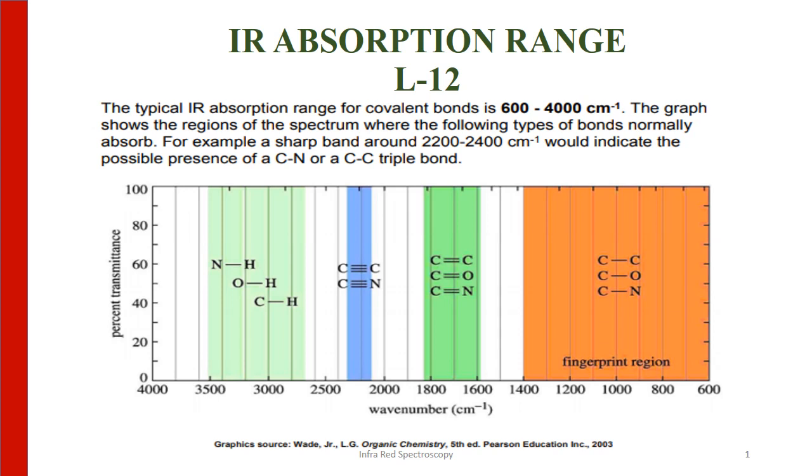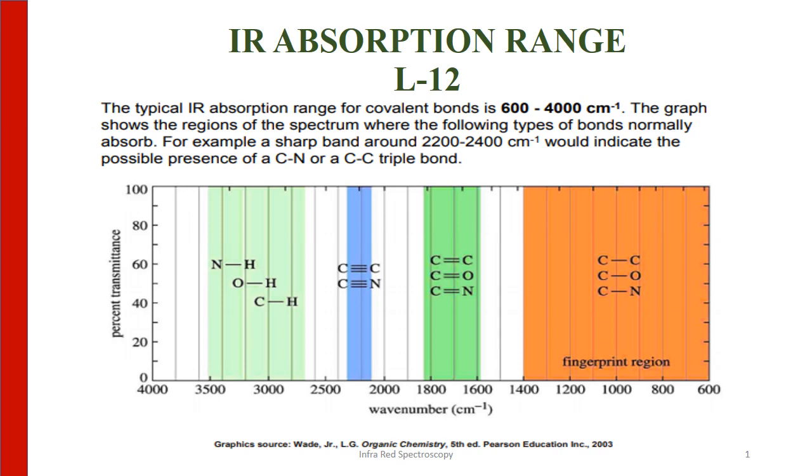In the IR spectrum, we have differentiated the spectrum into two halves: one less than 1500 per centimeter and one above 1500 per centimeter.